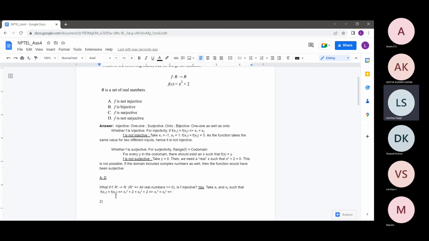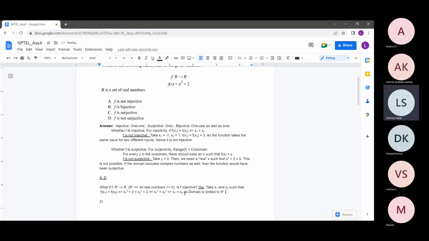But since we have limited the domain to R positive only, if x1 was positive, then x2 would also be positive only. So let's say x1 was 5, or anything, then x2 would also have to be plus 5 only. It can't be minus 5 since our domain is limited to R positive only. So in this case, we can say that x1 is equal to x2 as the domain is limited to R positive.